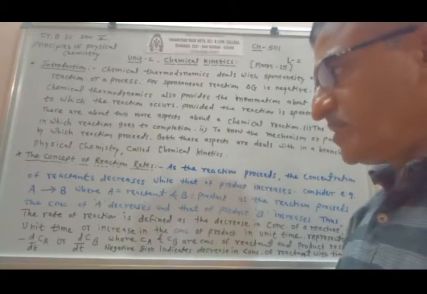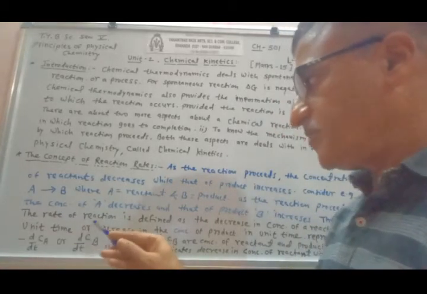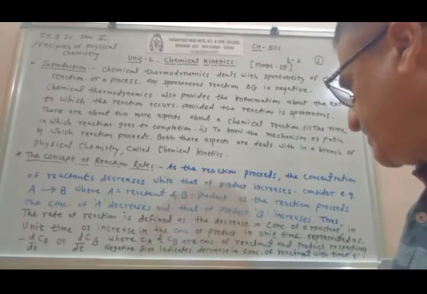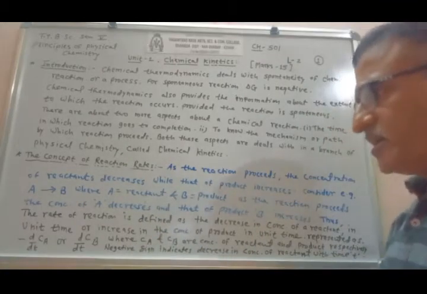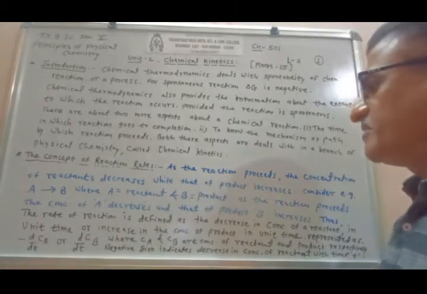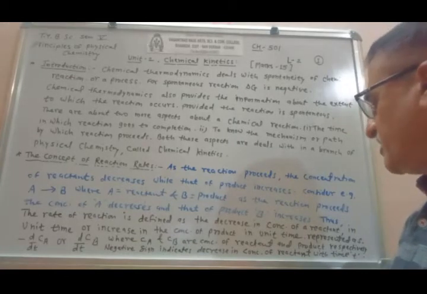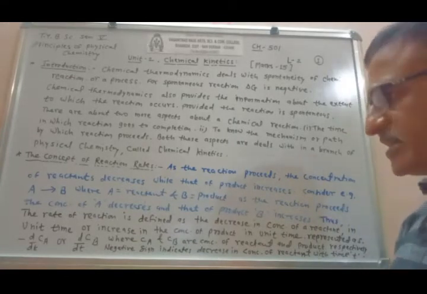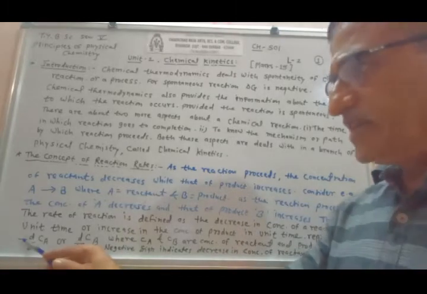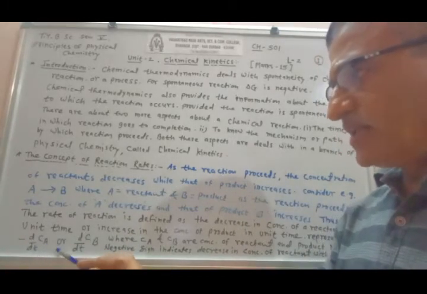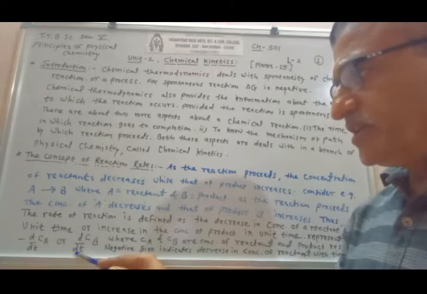Thus, the rate of reaction is defined as the decrease in concentration of the reactant in unit time, or the increase in concentration of the product in unit time, represented as minus d/dt of Ca or plus d/dt of Cb.